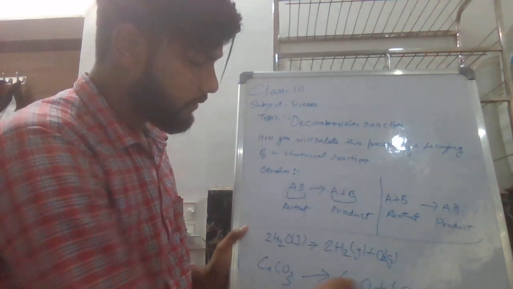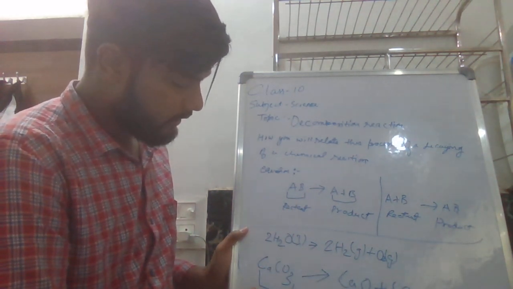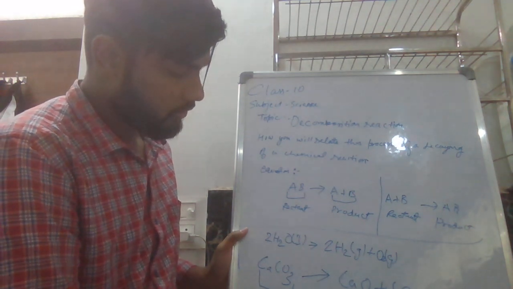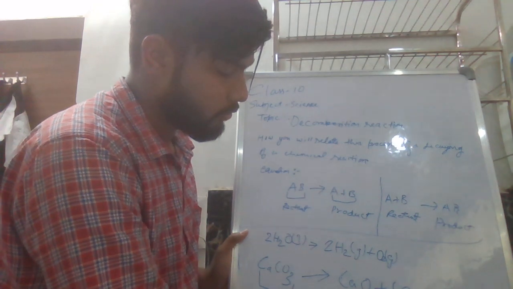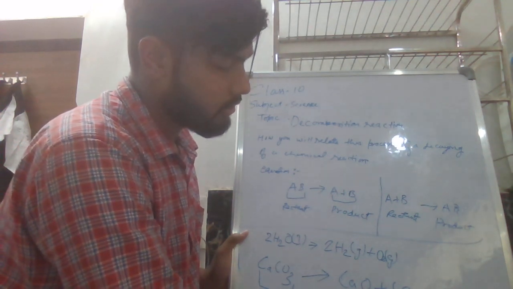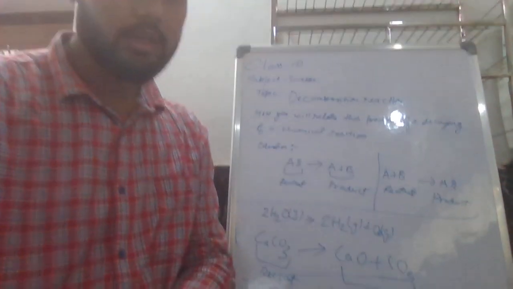So CaCO3 is the reactant, and CaO plus CO2 are the products. I hope everyone is clear till now.